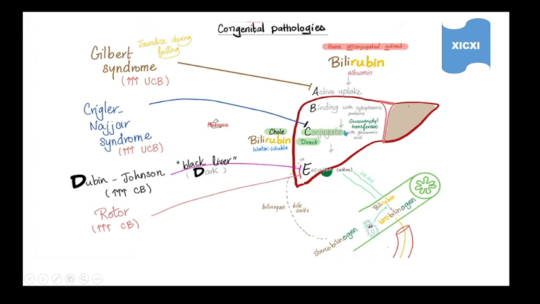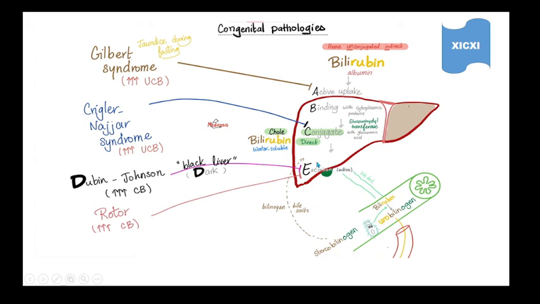Now suppose that this enzyme is there and there is no other problem. Conjugation has happened. After conjugation of this bilirubin, we are going to excrete this waste product, direct bilirubin, into the small intestine and then it ends up in the stool or the urine.